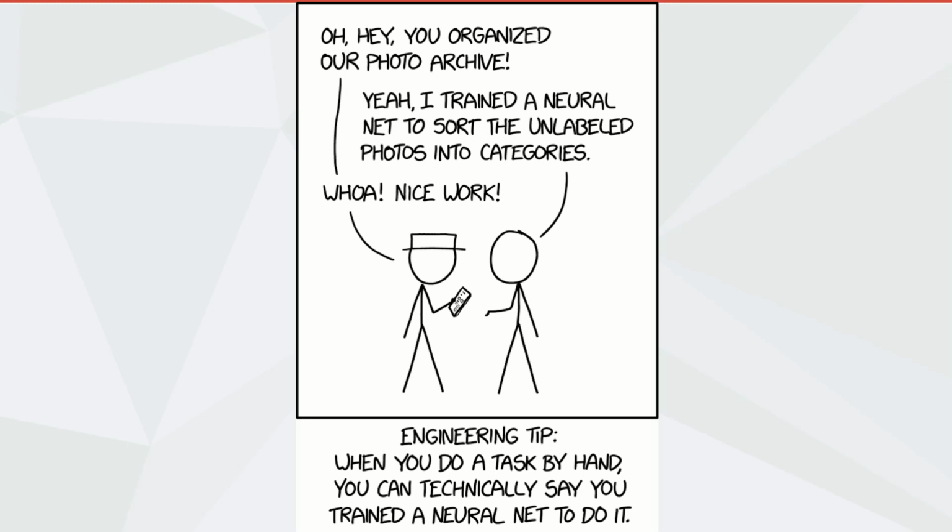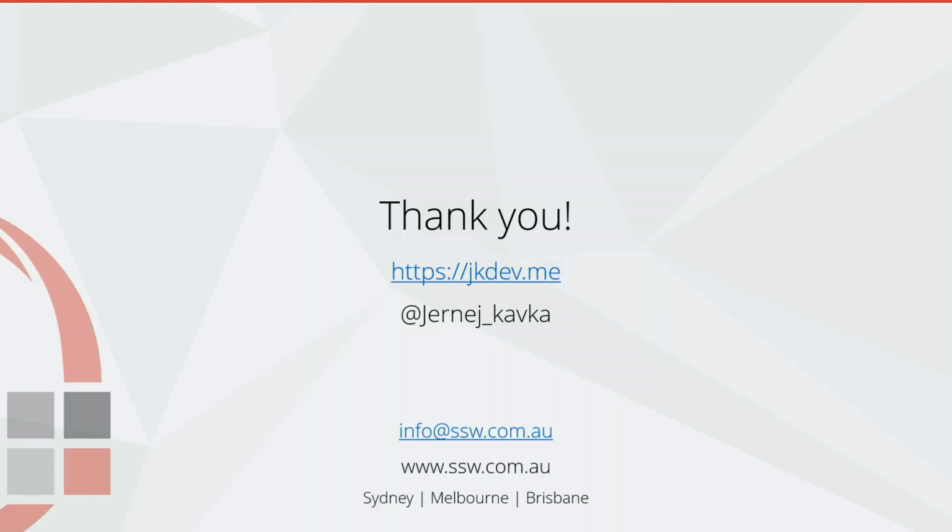So essentially, if you manually tag everything, you already have the training data for the machine learning. And that's basically all the work you have to do with ML.NET Model Builder. And with that, thank you.